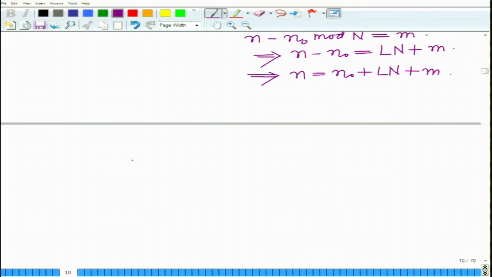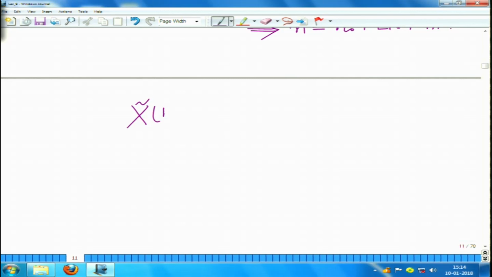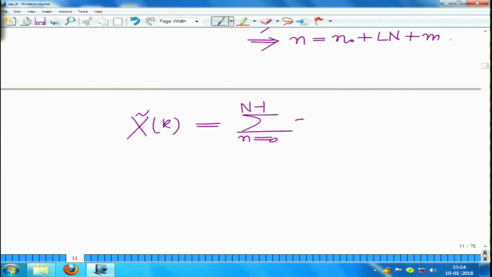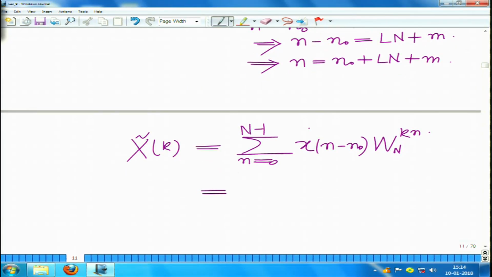Now, if you write X tilde[k], this will be the summation n equal to 0 to N−1 of x tilde[n], or basically x[n − n0], W_N to the power kn. Remember x[n − n0] has to be interpreted as (n − n0) modulo N, which is m.